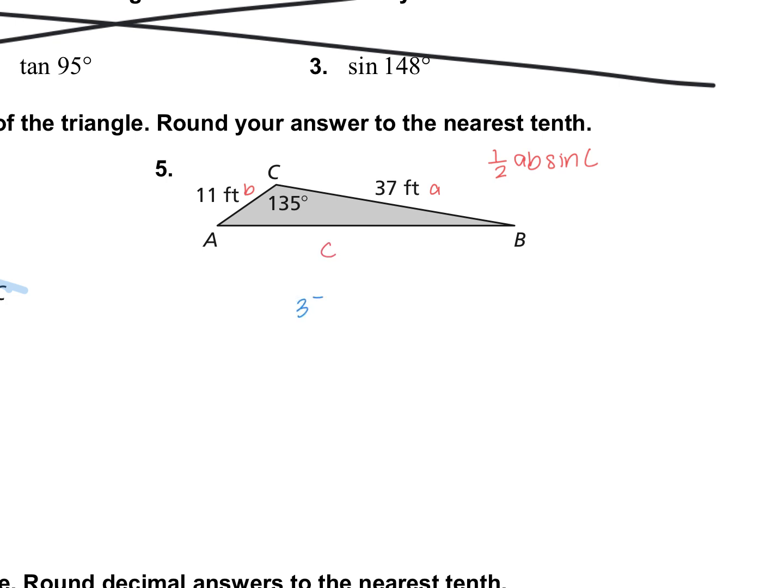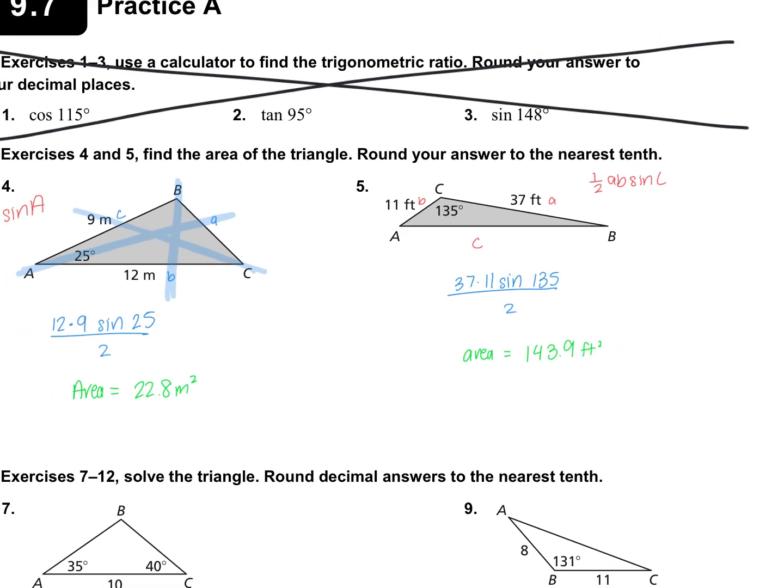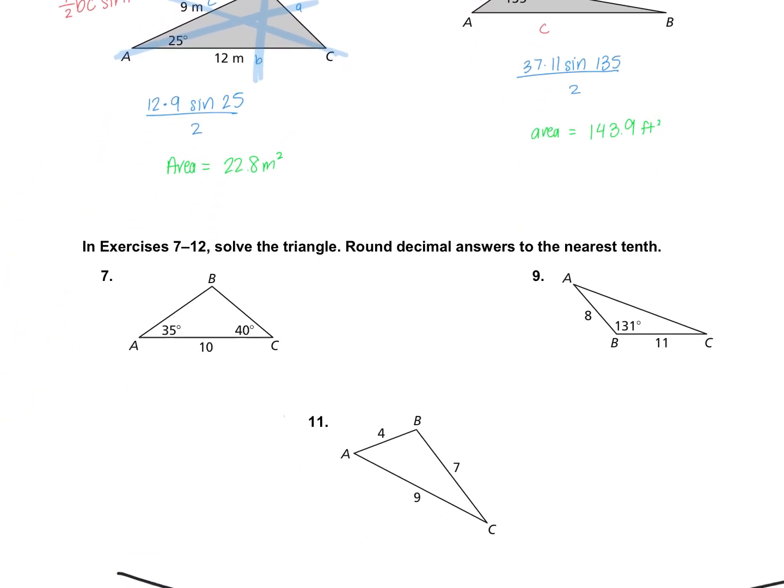A is 37 times B is 11, sine angle C, which is 135, and dividing everything by 2 again. I showed my work. I'm just going to plug it into the calculator, and your answer for area is going to be 143.9 feet squared, rounding to the nearest tenth. Please don't forget your units.